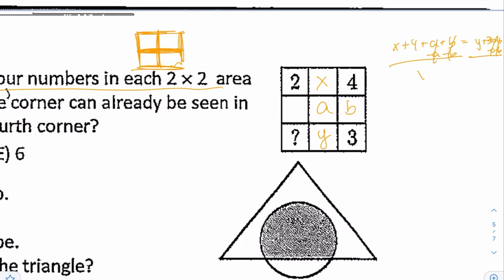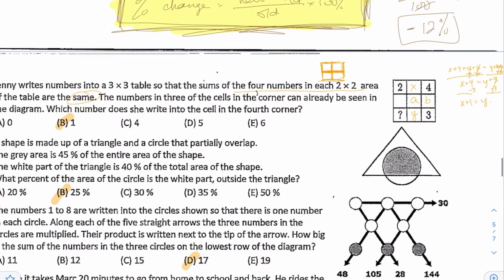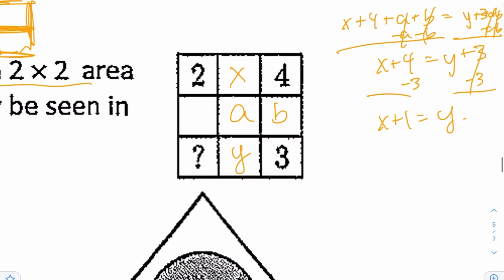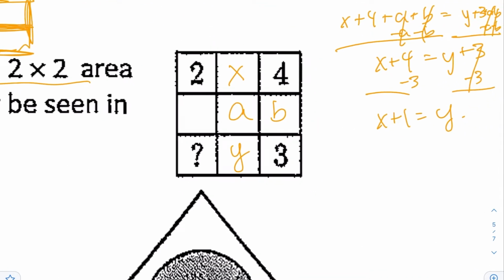That means that x plus 4 has to be equal to y plus 3. And in this case, if you subtract 3 from both sides, you get that x plus 1 is equal to y. So y is just x plus 1. And then you can take this into the other corner. So you can replace y with x plus 1.